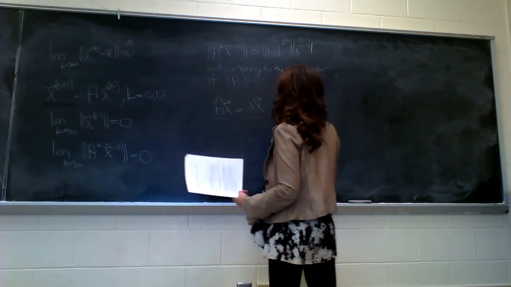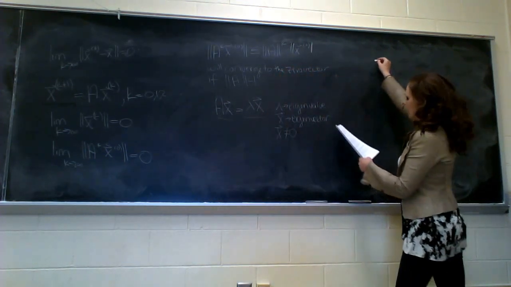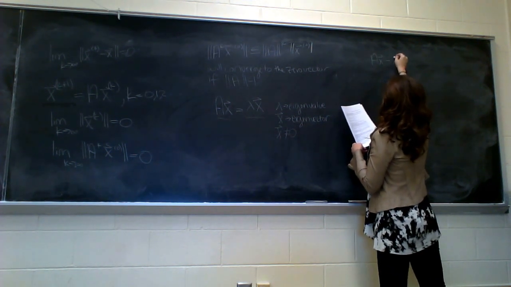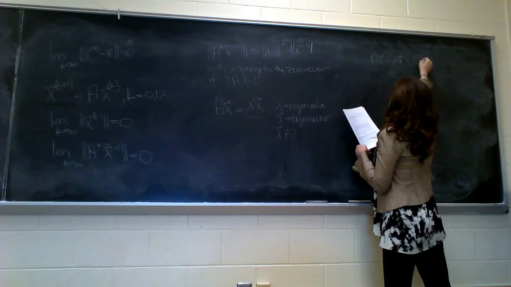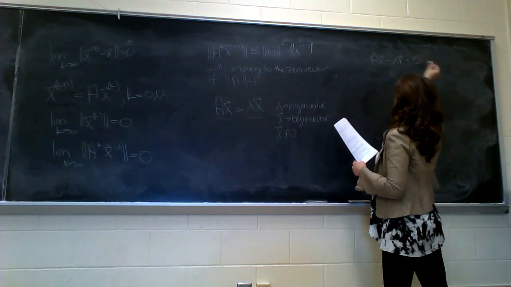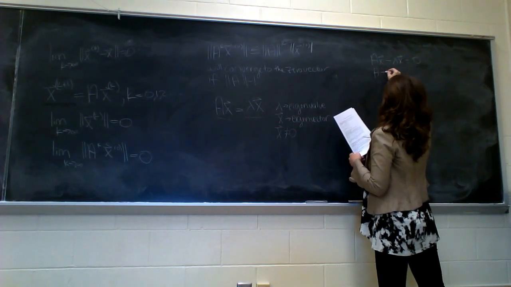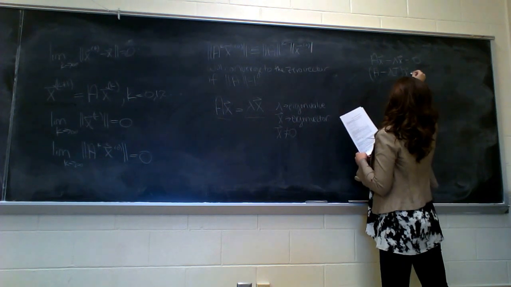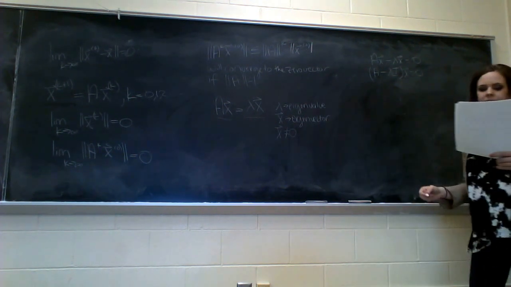So like Abdullah was just saying, if I have Ax minus lambda x equals 0, then I can pull the x out on the right, and we get (A minus lambda I) times x is equal to 0.